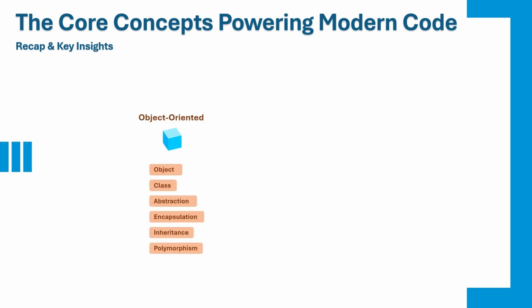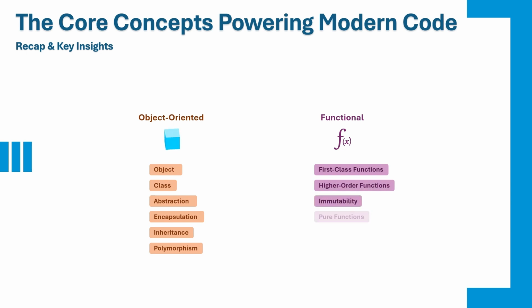Our journey took a functional turn as we explored functional programming paradigms in OOP, starting with first-class functions and higher-order functions, leading us through immutability and pure functions that promote safer, predictable code. We saw how functional composition builds complex functionality from simple pieces and how closures enable encapsulation within functions.